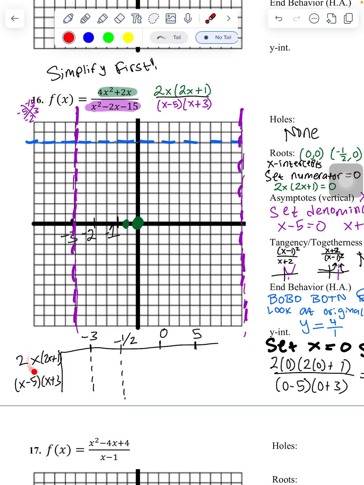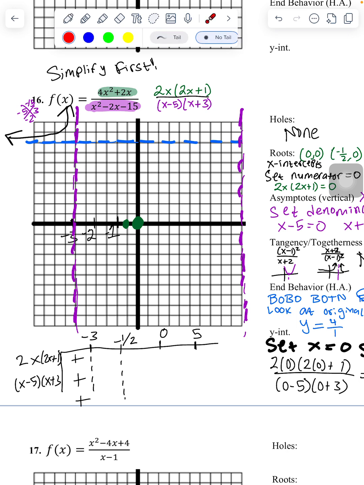So that would be a negative times a negative, which gives me a positive. Then if I plug -4 into here, -4 minus 5 gives me -9, and -4 plus 3 also gives me a negative number. So I have negative times negative, which is positive. What that tells me is I'm going to be above the x-axis, and I have to be above my horizontal asymptote. So I'm going to have this part of my graph up here, just using my sign chart to help me out.